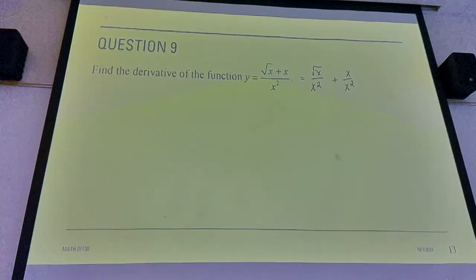No. You just subtract it. How can you simplify square root of x over x squared? Oh. Generally, I wouldn't write that middle step. That's just x to the minus 3/2 plus x to the minus 1.